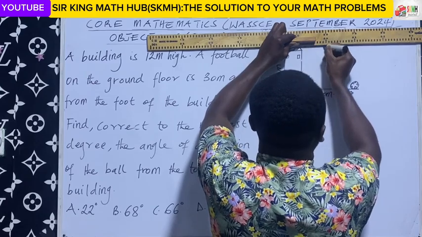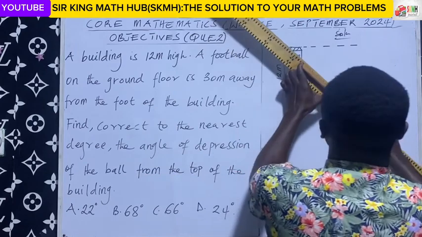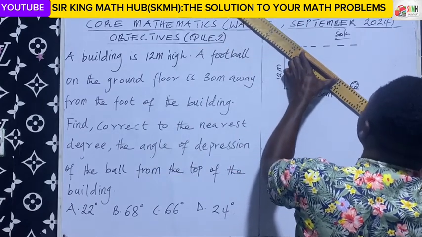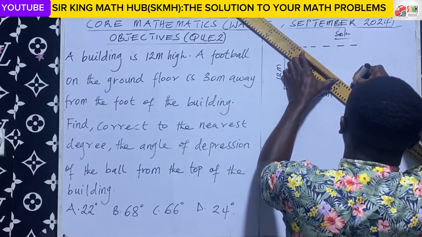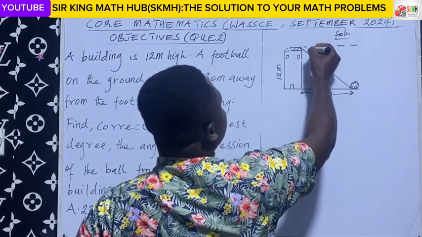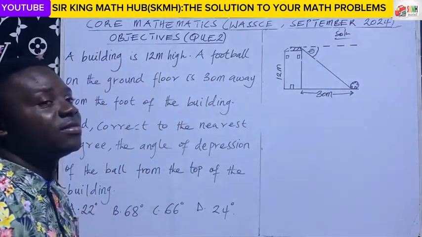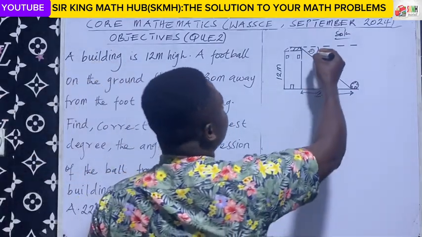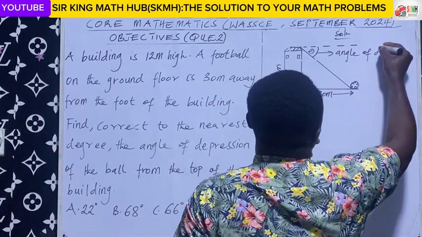So from the top of the building, there's our horizontal line of sight, and the angle below the horizontal line of sight, this angle. So the angle below the horizontal line of sight is the angle of depression. So there is the angle of depression.